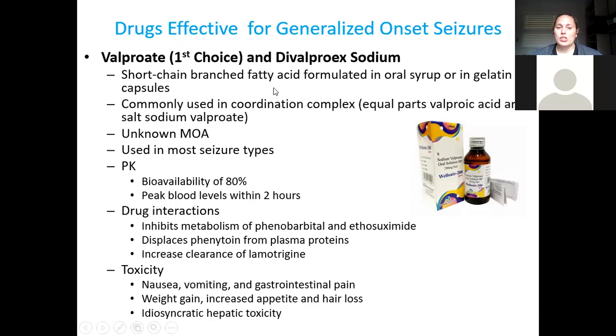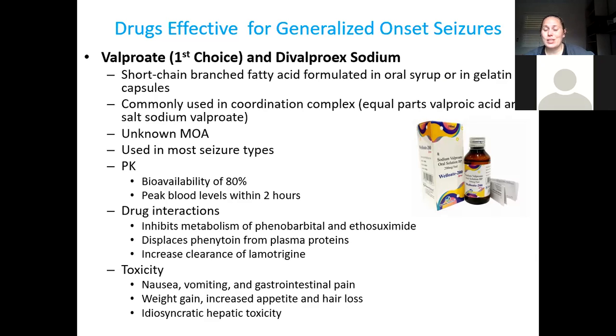It's a short-chain fatty acid formulated in oral syrup or gelatin capsules. It is a coordinated complex of equal parts valproic acid and the salt sodium valproate. Interestingly, its mechanism of action has not been determined, but it is used in most seizure types.